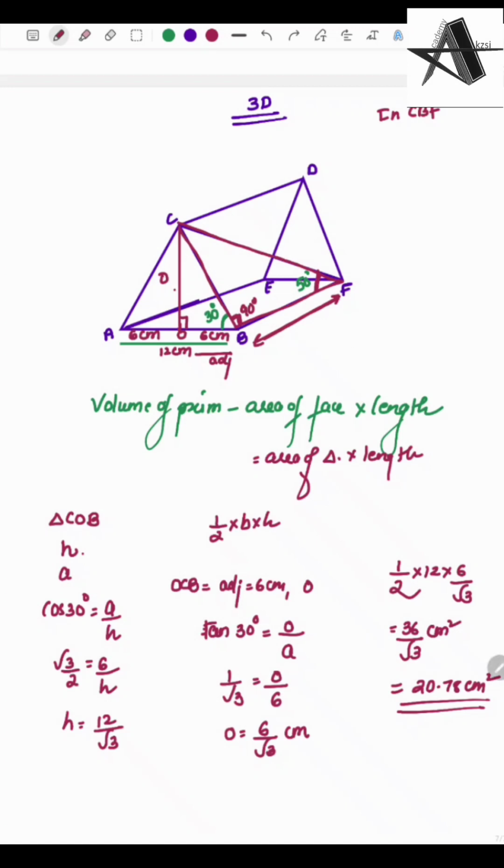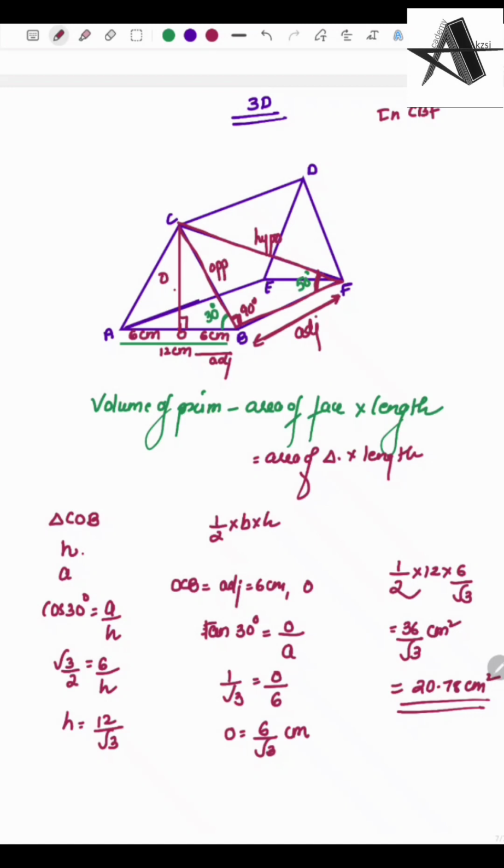Now in triangle CBF, only look at this triangle CBF. We have 90 degrees, that means the side opposite to 90 degrees is the hypotenuse. When you are picking one triangle, focus on that single triangle. The side that is connected with the angle is adjacent, and this is definitely opposite.